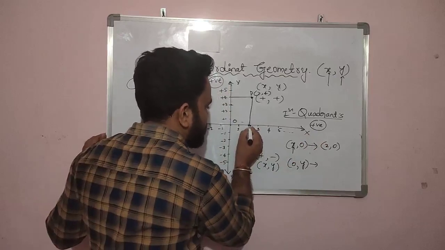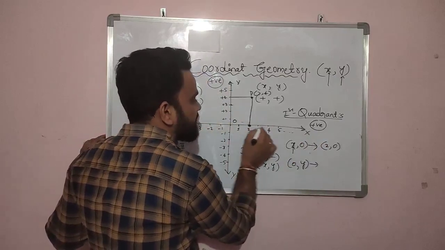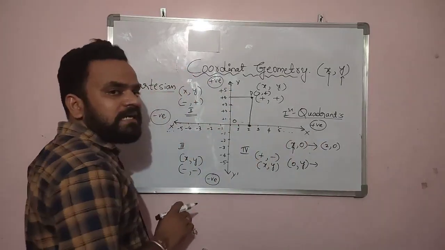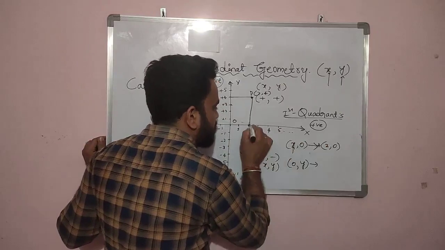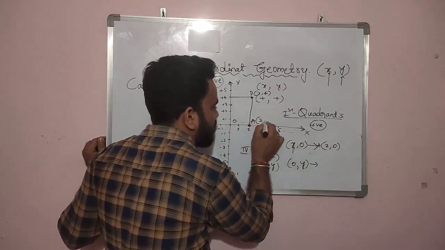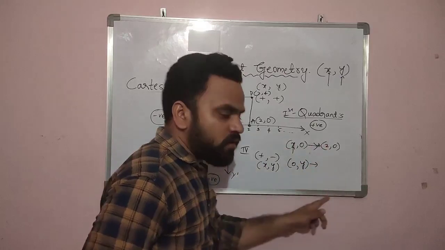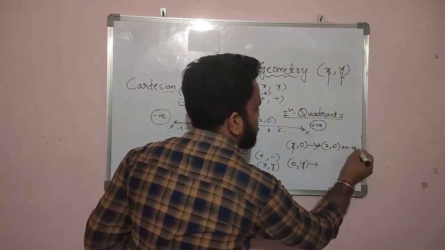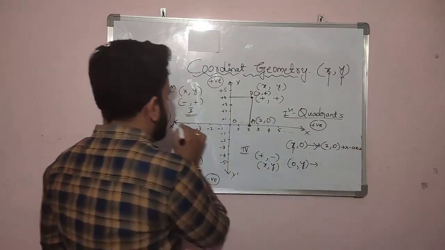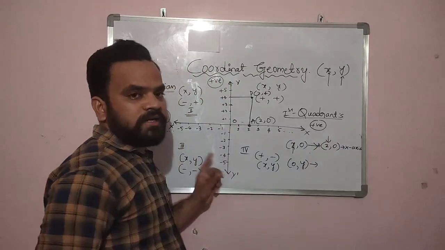Where is this? This is 2. Where y is 0, along this entire x line the y value is 0, so this is the point. Call this point A, which is 2 comma 0. So if the y value is 0, the point will lie on the x axis, according to the given value of x.